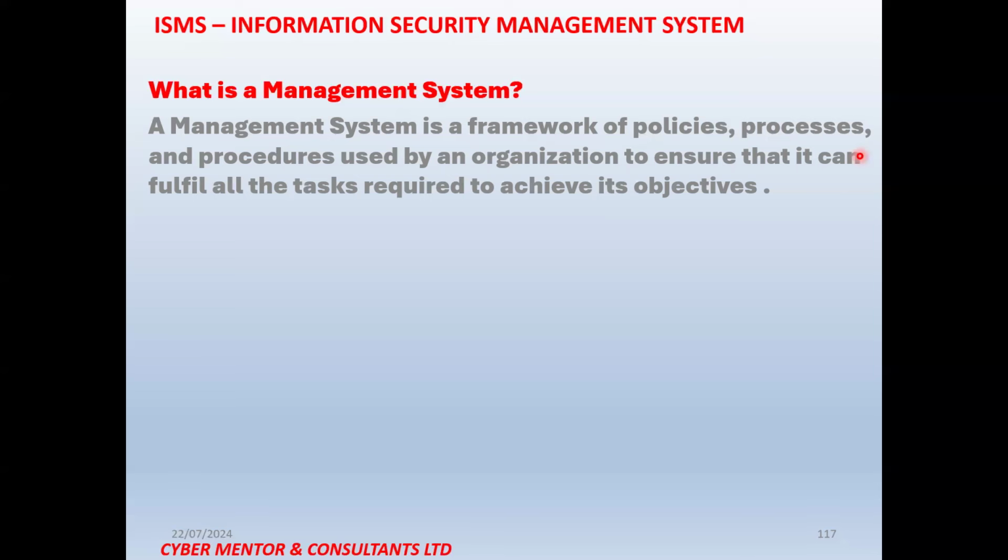Those are tasks, actions to be taken. They are all drafted in the form of policies or procedures on how they want to achieve the company objective, profitability or sales or whatever. And then what is an ISMS? So we talk about information security. Now we talked about management system.